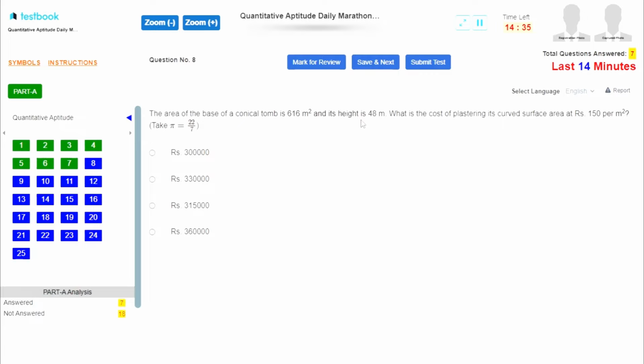So 14 square plus 48 square. 14 square 196, 48 square 2304. 2304 plus 196 will be 2500.